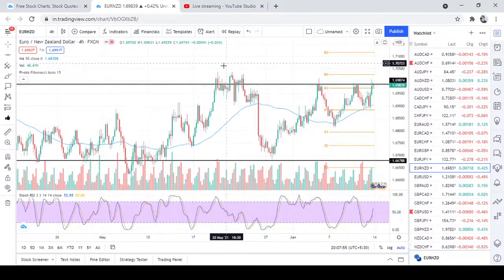Euro, New Zealand dollar. You can see that I have got lines here. I have already got two lines here, and surprisingly those two lines are still acting as a resistance and a support for the market.